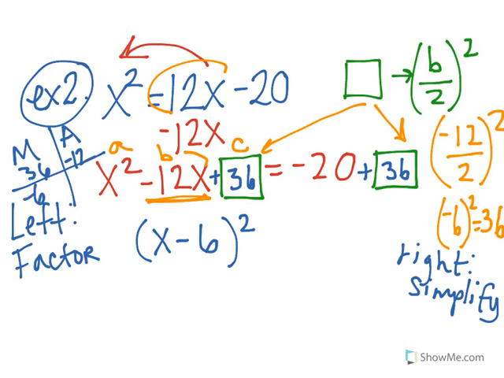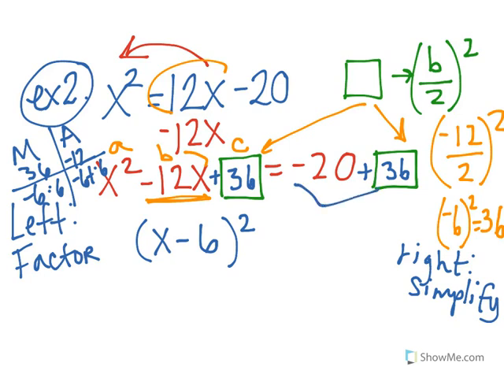So we have negative 6 times negative 6 and negative 6 plus negative 6. That's how you factor. We're done with that. Now we have to take the right side and simplify.